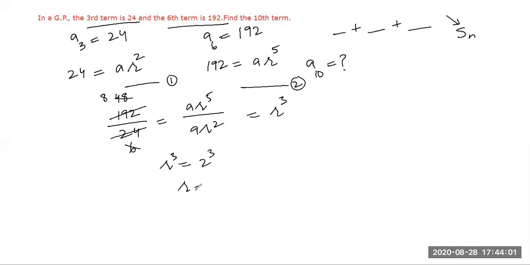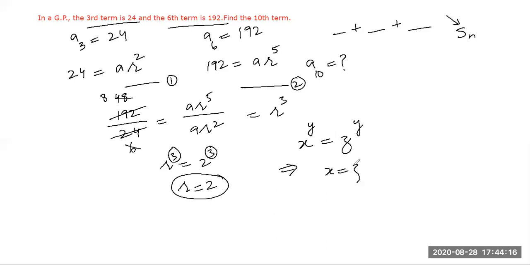So r is equal to 2. See, the powers are the same. It's like x raised to power y is equal to z raised to power y. So what can we predict from here? x is equal to z. So r is equal to 2. That's good. We're done with this sum also.